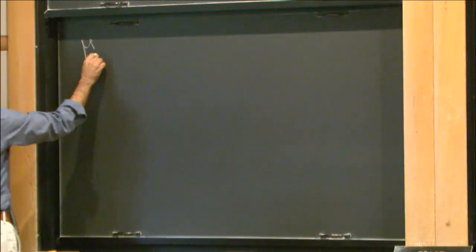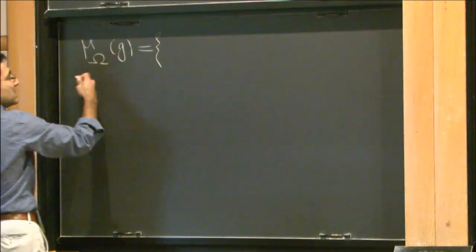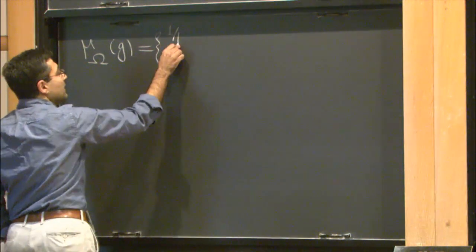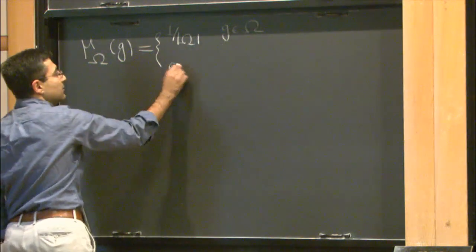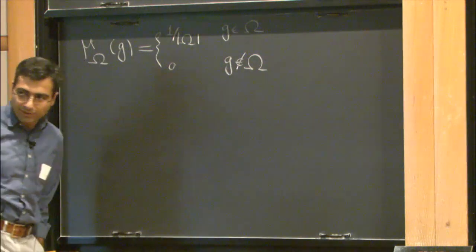So let's recall what a random walk is. I start with the counting probability measure on the finite set that we have. So it is 1 over the size of omega if g belongs to omega, and otherwise it's 0. So this is the first law.